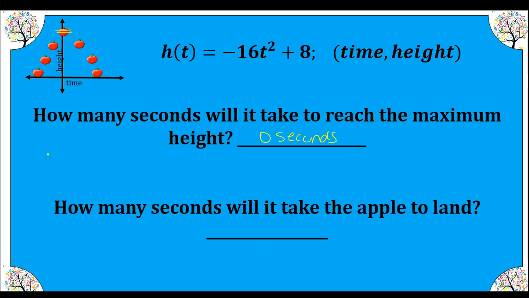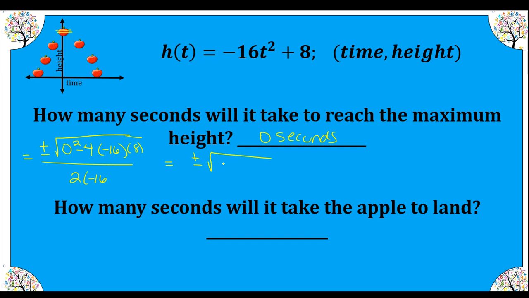Negative b, we don't have a b term, so we're just going to have plus or minus 0 squared minus 4 times my a times my c over 2 times a. So we still have our plus or minus. So we have a negative times a negative, so we're going to have a positive.